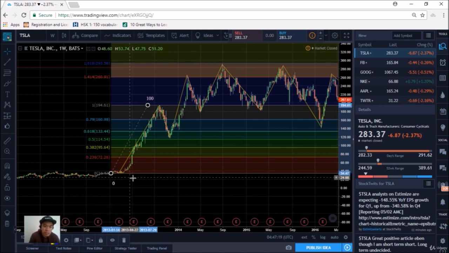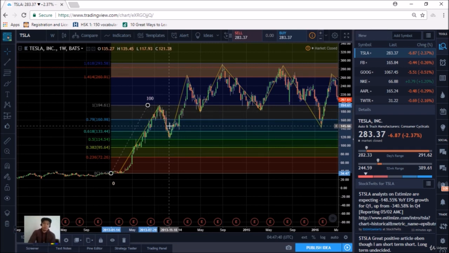What you can see here is a line of retracement, and you can see that the retracement goes up to 0.5.